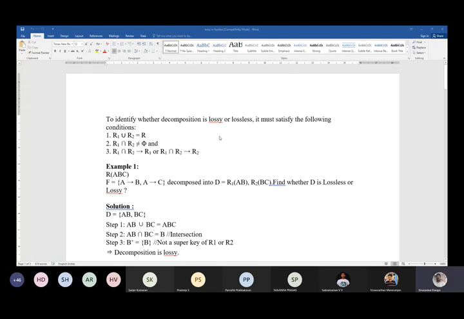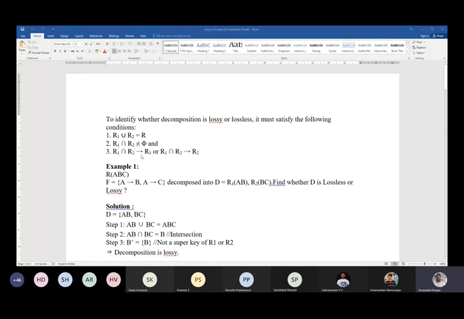The second condition is that R1 intersection R2 should not be null, right? Whenever you decompose a relation into fragmented relations, the intersection of the fragmented relations should not be a null value.